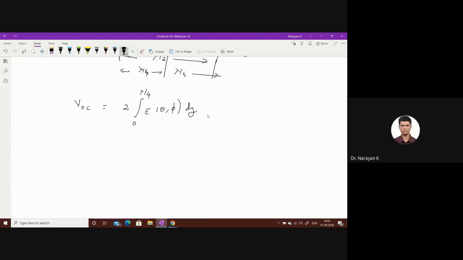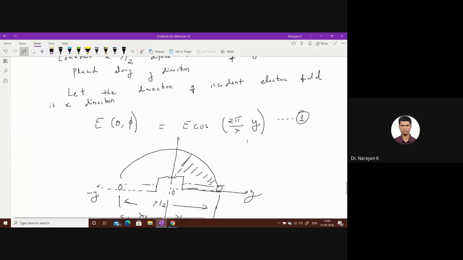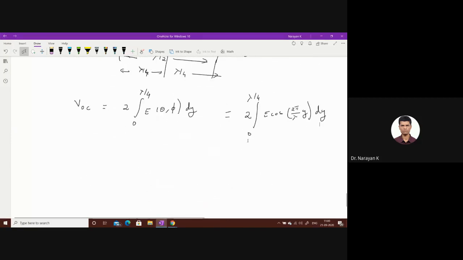Okay. So what will this be? It will be 2 times integration 0 to lambda by 4. What is your E theta comma phi? That is E of cos 2 pi by lambda into y, which I am taking from equation 1, dy.